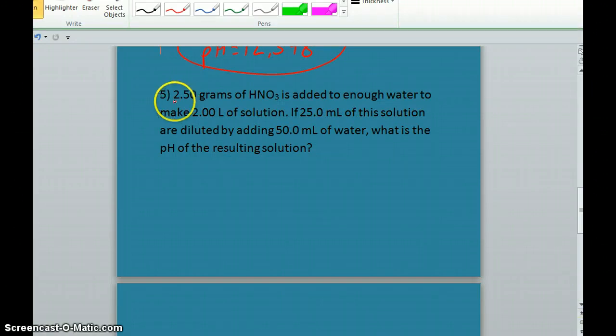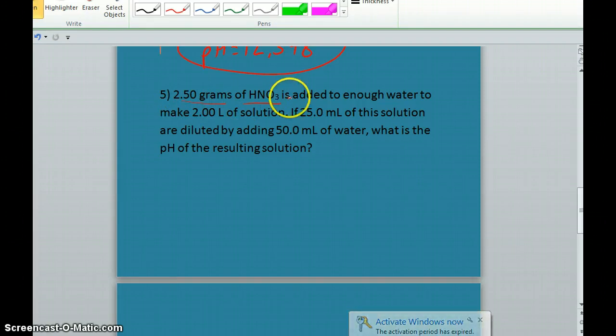Because here we take 2.5 grams of nitric acid. So I'm going to be thinking pH, proton concentration, because we're dealing with an acid here, is added to enough water to produce 2 liters of solution. Well, let's do this calculation first and see what the molarity of the solution is.